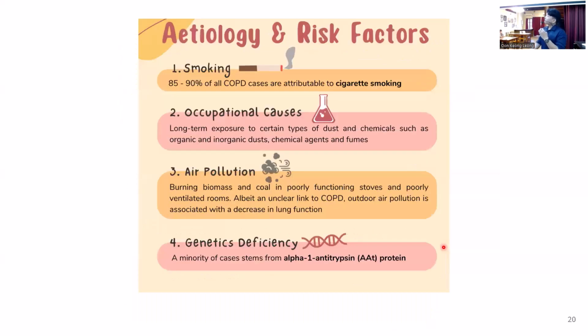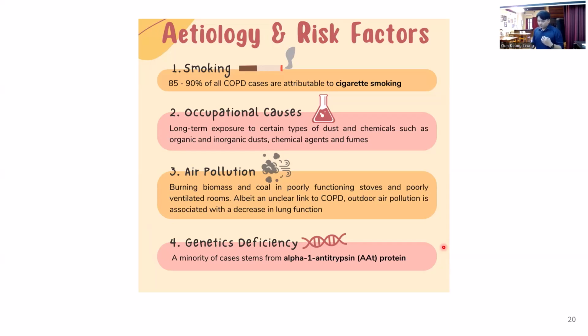Talking about the risk factors and causes of COPD, smoking will be the main risk factor and cause. 85% to 90% of COPD is caused by smoking. The second cause will be long-term exposure to certain types of dust, organic or inorganic, and chemical agents or fumes.